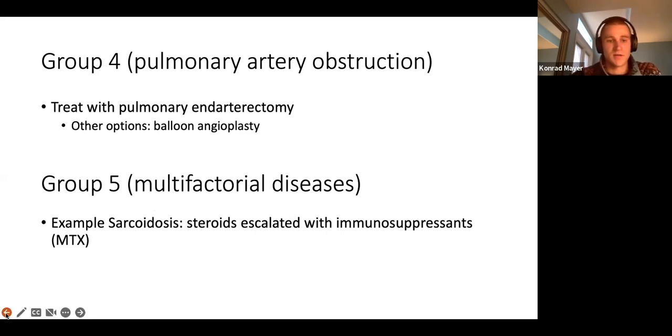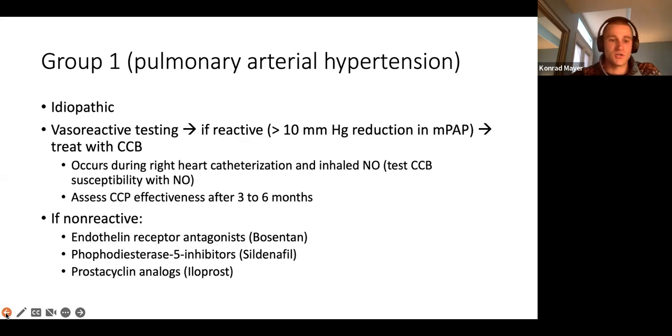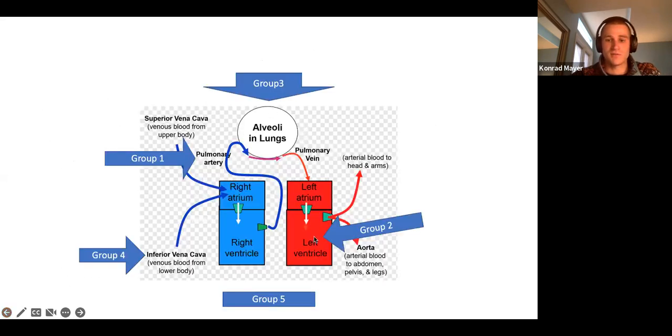So to summarize the treatment, you have to know where pulmonary hypertension is coming from and treat the underlying cause. That is the most effective way of treating pulmonary hypertension.